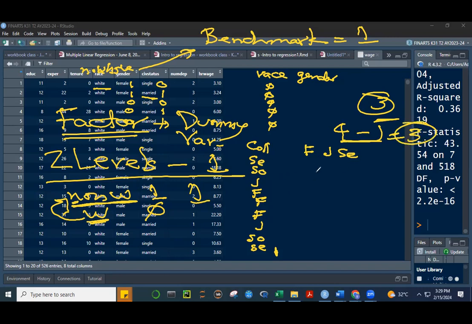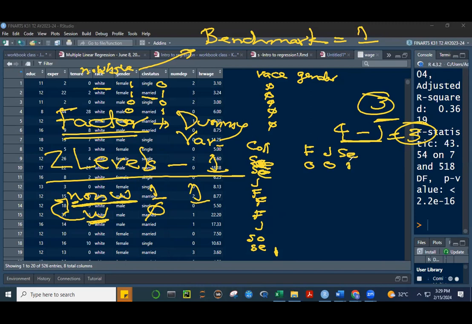So, sige nga, tingnan nga natin. So, Senior class, Senior. Paano siya mare-represent dito? Wait. So, Senior pala, no? So, gawin natin Senior muna to, no? Ihuli na natin si Sophomore. Senior. Hindi siya Frosh, hindi siya Junior.